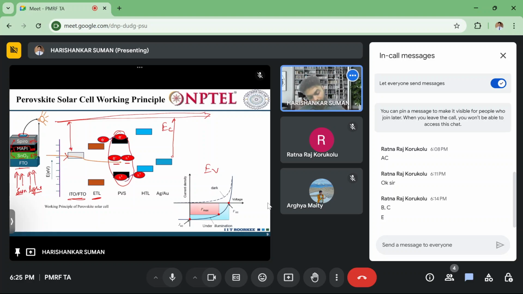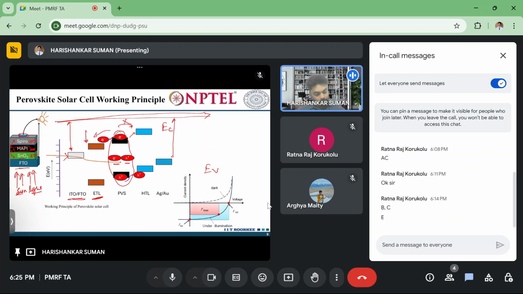The electron goes via the electron transport layer because the energy is minimum. The electron doesn't go this side because the conduction band has higher energy for the electron.